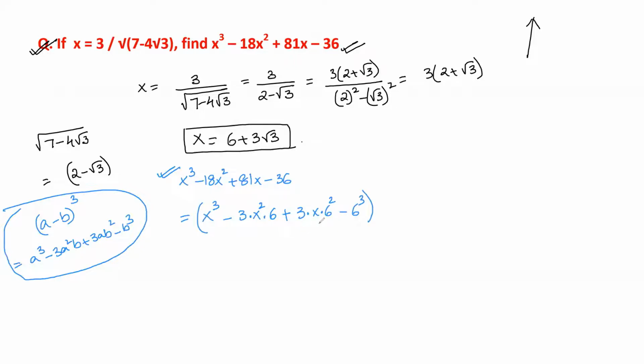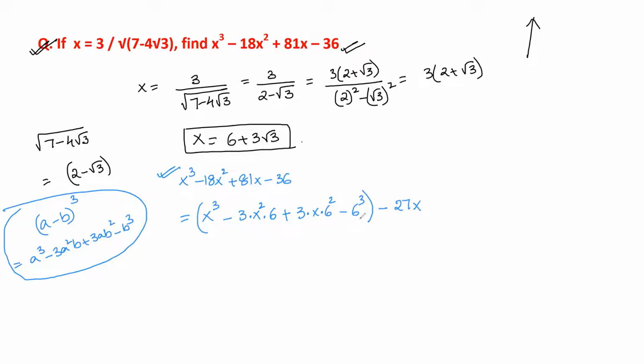Now we need to adjust some of the terms. So here we have minus 18x square, so that is okay. And here this would be 6 square into 3. So that is 36 into 3, which would be 108x. But here we have 81x. So to balance this out, we need to subtract 27x, because 108x minus 27x would give us 81x.